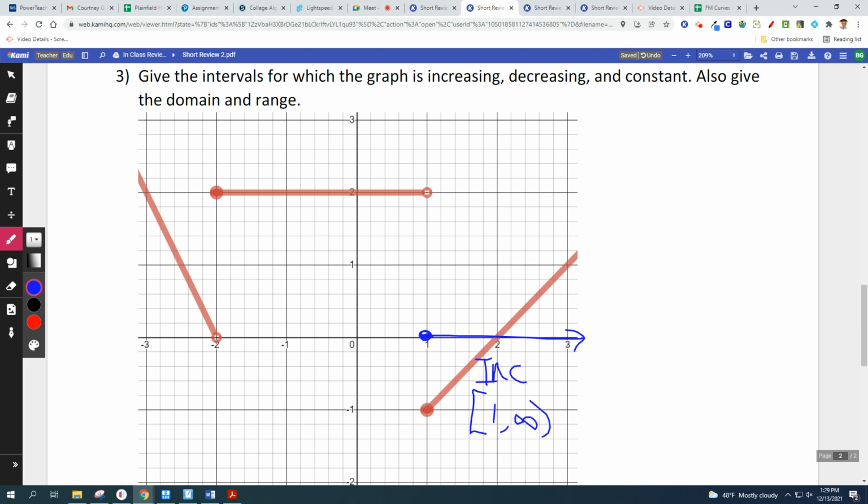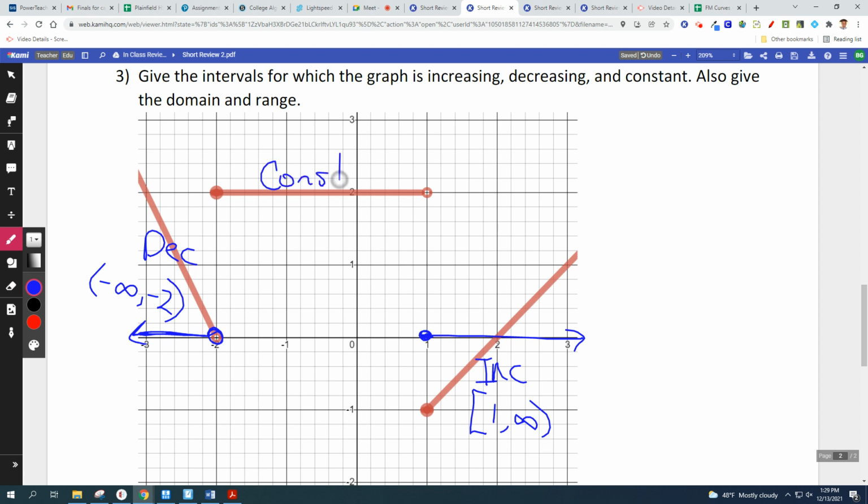So where is it decreasing? Well, right here, it looks like it's decreasing. So again, I'm looking at the domain of that piece. I see an open circle here, and so the decreasing, it looks like it's going from negative infinity to negative 2, and this one has a parentheses because the open circle means it doesn't equal negative 2.